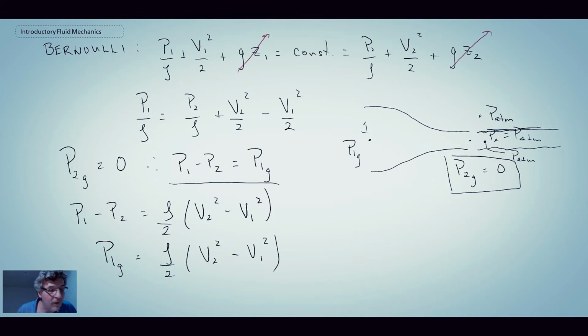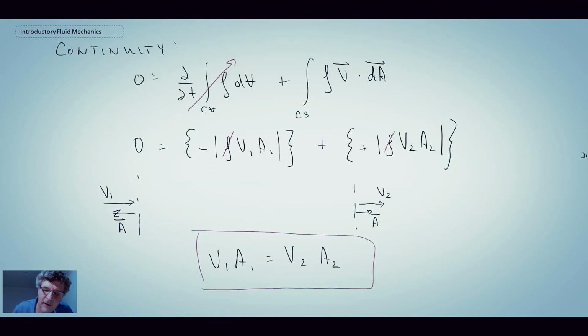Okay, so we're getting somewhere. We have this term now, and we have P1 gauge, but it's not in terms of volumetric flow rate, which we're after, and we have a velocity at 1 and we have a velocity at 2. From continuity, remember, we had a relationship between velocity at 1 and velocity at 2. So let's pull that in. We had V1A1 equals V2A2.